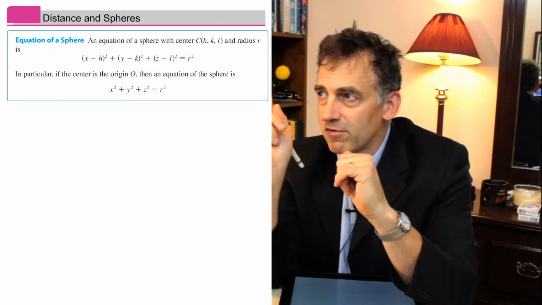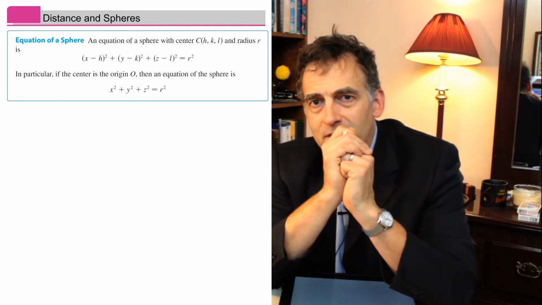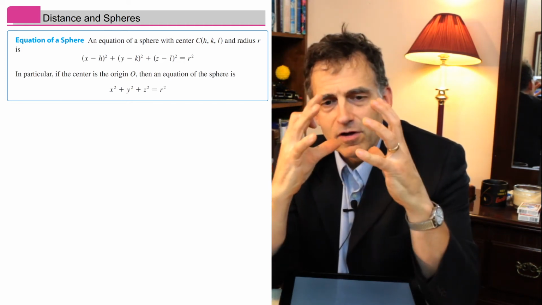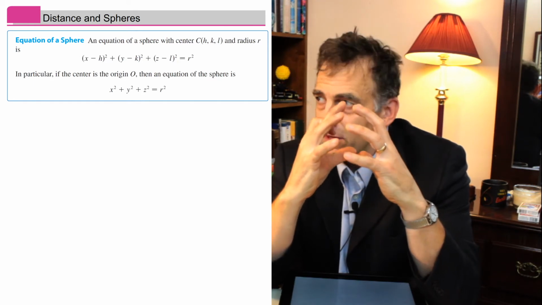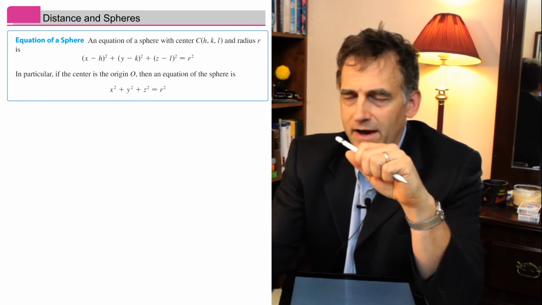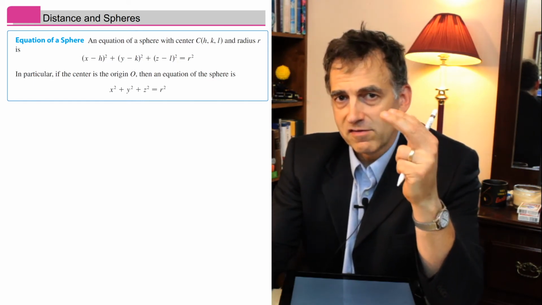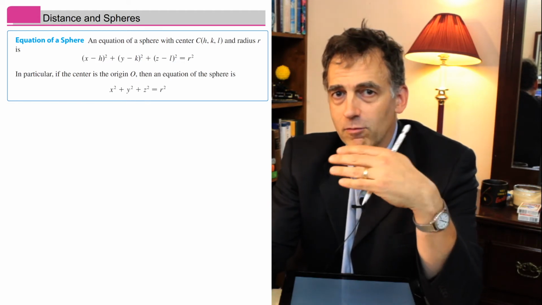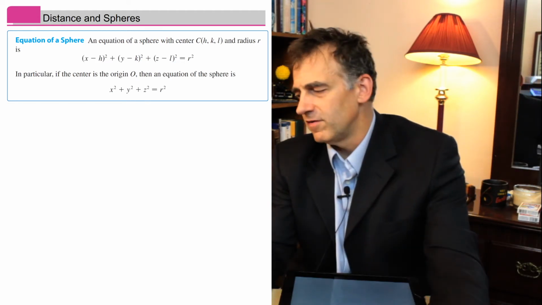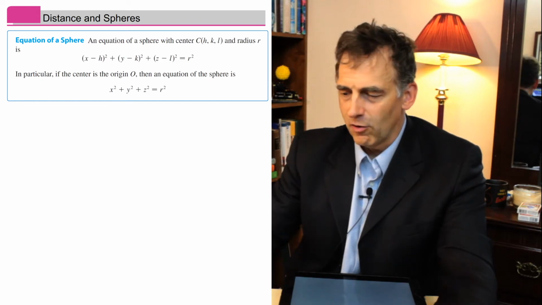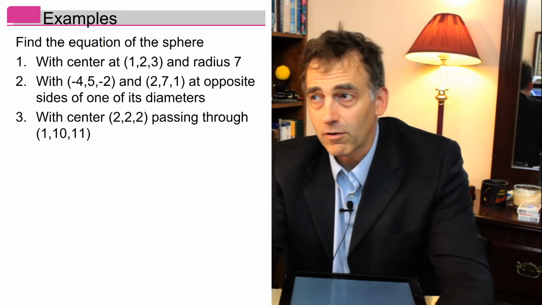That's why there's an r squared. If your sphere is centered at the origin, then you have just x squared plus y squared plus z squared equals r squared, which is much simpler to deal with. And so we can always hope that all of our spheres are centered at the origin.